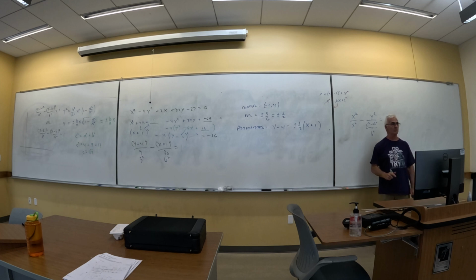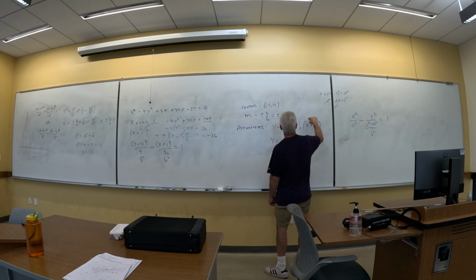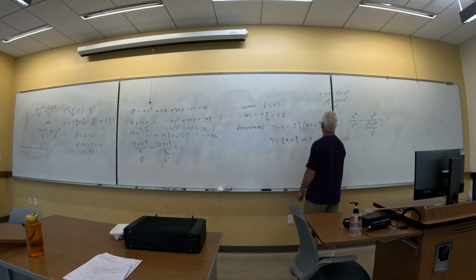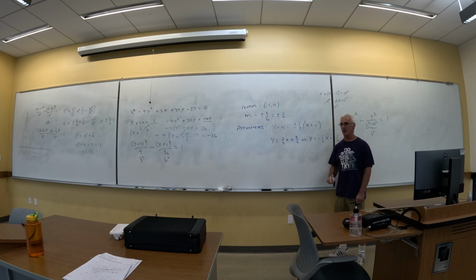Of course. Now if I do that, what would I get? I'd get y equals, let's do the positive, so it'd be 1/2 x plus a half plus 4. If I do the negative, then it'll be minus a half x, then plus 4 would be what? Plus 7/2.